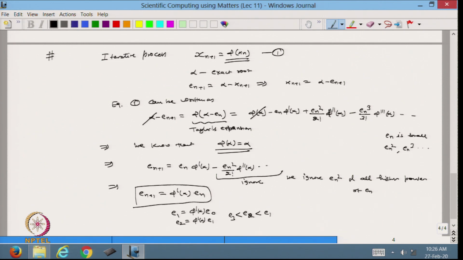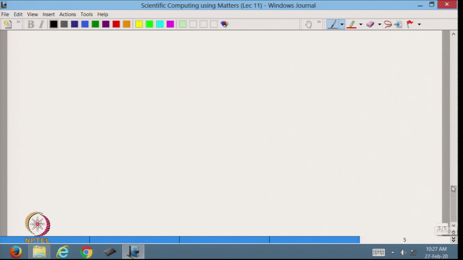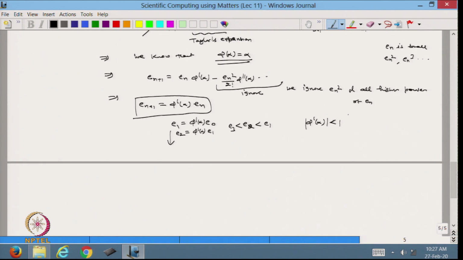This is only possible when the value of phi dash alpha is less than 1, because if it is greater than 1 the error will increase as we keep on doing the iterations. But if the value of phi dash alpha is less than 1, only then I can say that if I go for more iterations the error will decrease as the iterations grow. So, in this case mod phi dash alpha is less than 1.